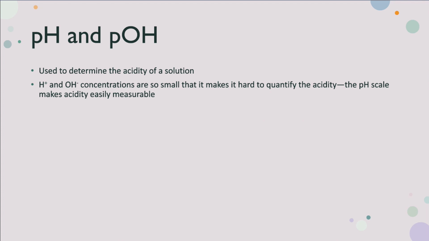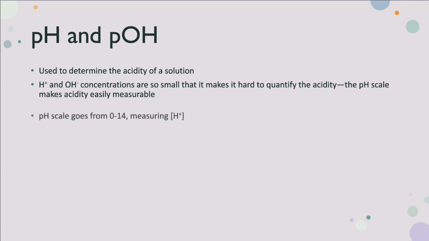Even the tiniest amount of change can make a huge difference in pH. So just using H plus and OH minus concentrations as a measuring tool makes it super hard to quantify the acidity. And a logarithmic scale like the pH scale makes acidity much easier to measure, since it's essentially a power scale in powers of 10.